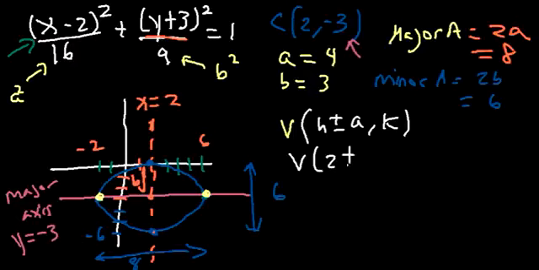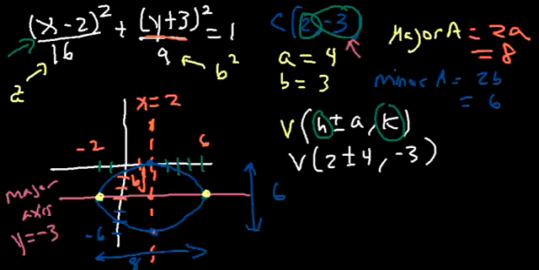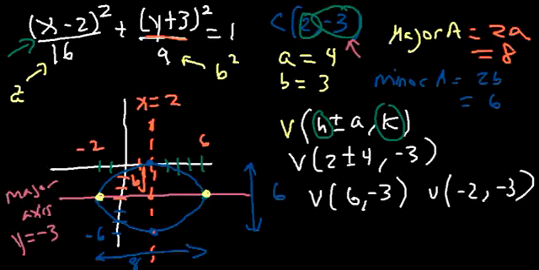So basically we do 2 plus or minus 4, comma, -3. Keep in mind, h is 2, k is -3. So this means we go 4 to the right along the x-axis and 4 to the left from the center. And so we get these 2 points. 2 plus 4 is 6, and 2 minus 4 is -2. This is 6, -3, and -2, -3. So that's the vertices, or the endpoints of the major axis.